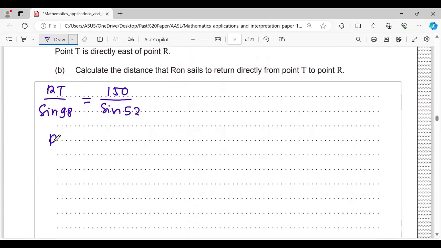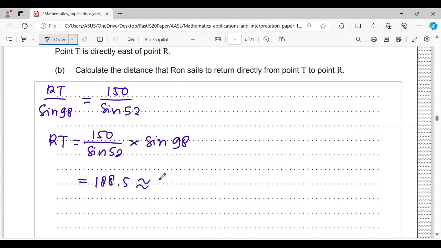So RT equals 150 over sine 52 times sine 98. So if you calculate, you will find a number 188.5, or approximately 189 kilometers.